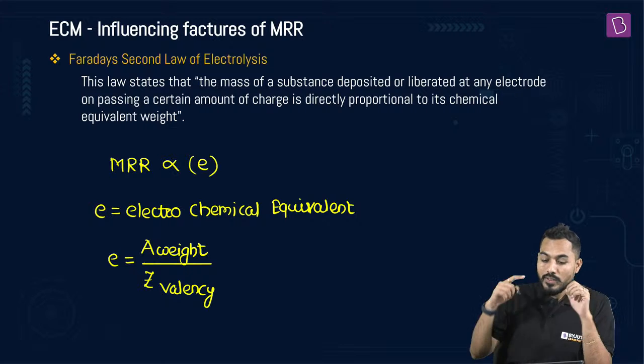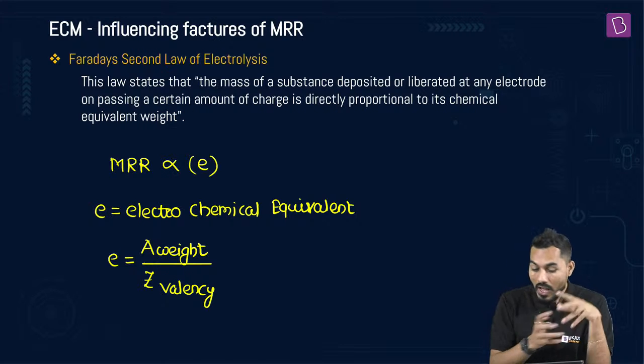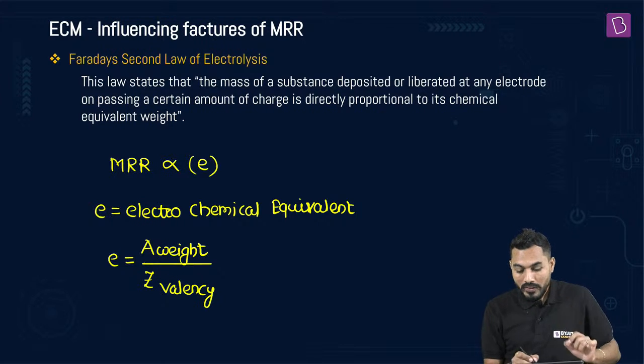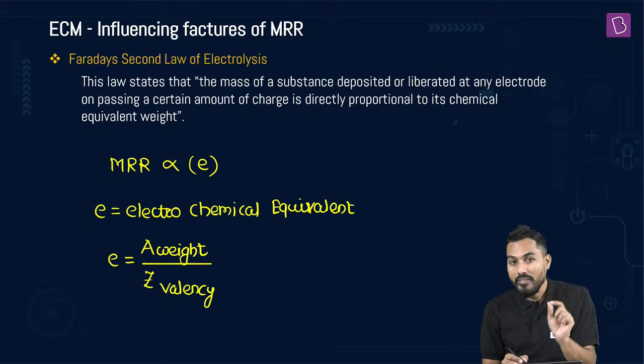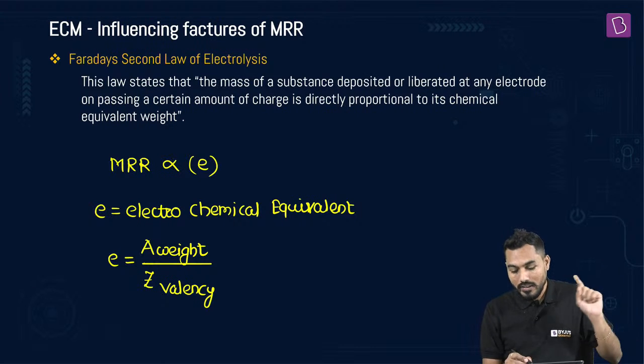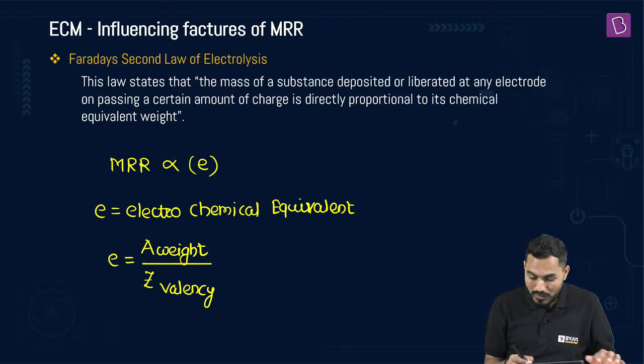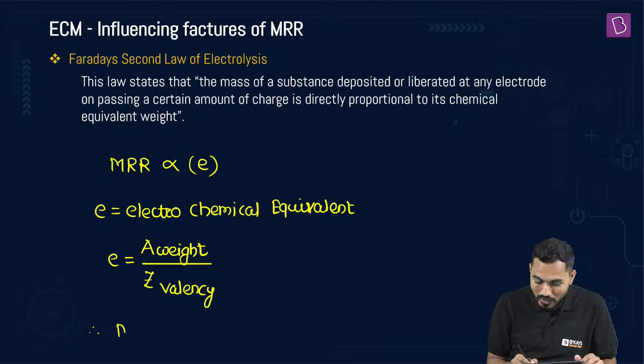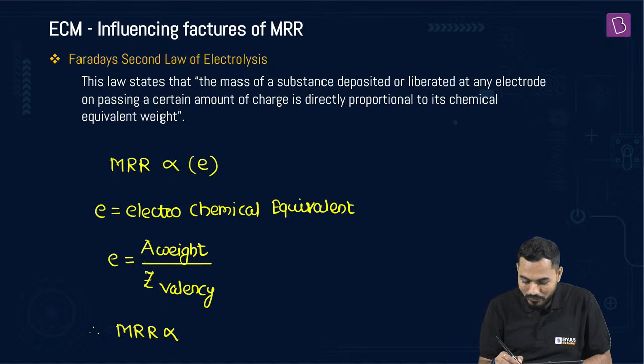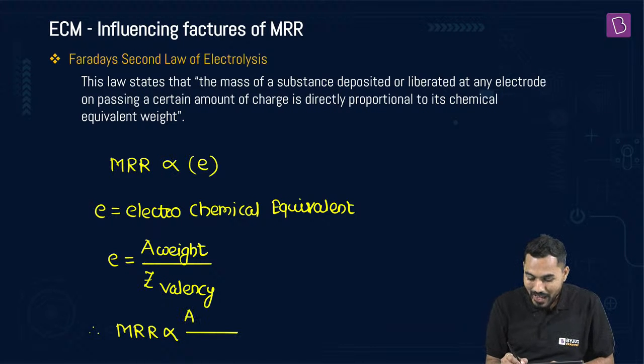It is sometimes also called chemical equivalent weight, and it is a ratio of the gram atomic weight, that is A weight. Don't confuse the current with this A weight. A weight stands for gram atomic weight divided by valency, which means we can easily write that material removal rate is directly proportional to the gram atomic weight, and inversely proportional to Z, the valency.